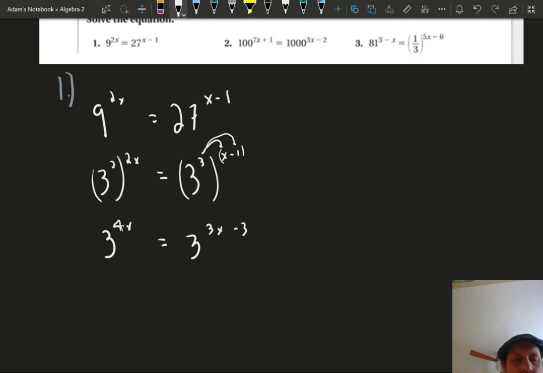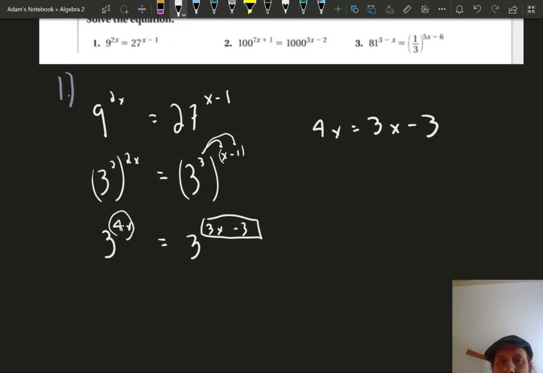We have 3 here, we have 3 here. So, since the base is the same, and both exponential functions are the same, we could just equate the exponents. We would just say 4x equals 3x minus 3, right?